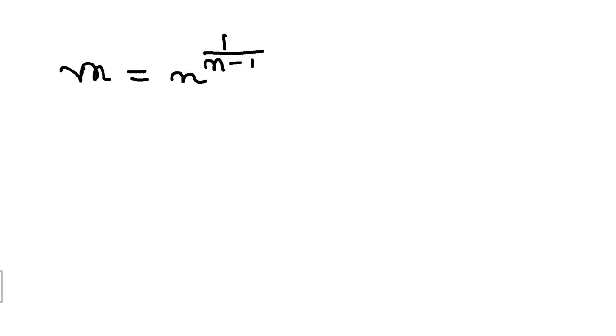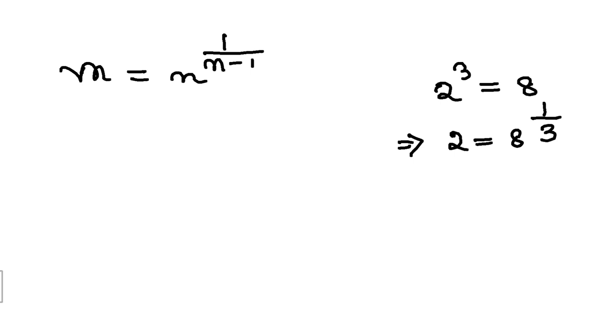Now how does it happen? Suppose I have 2 cube is equal to 8. This means 2 is equal to 8 to the power 1 by 3, isn't it? So this power, when it shifts to this side, it will become its reciprocal. Okay, so this is what I have right now.